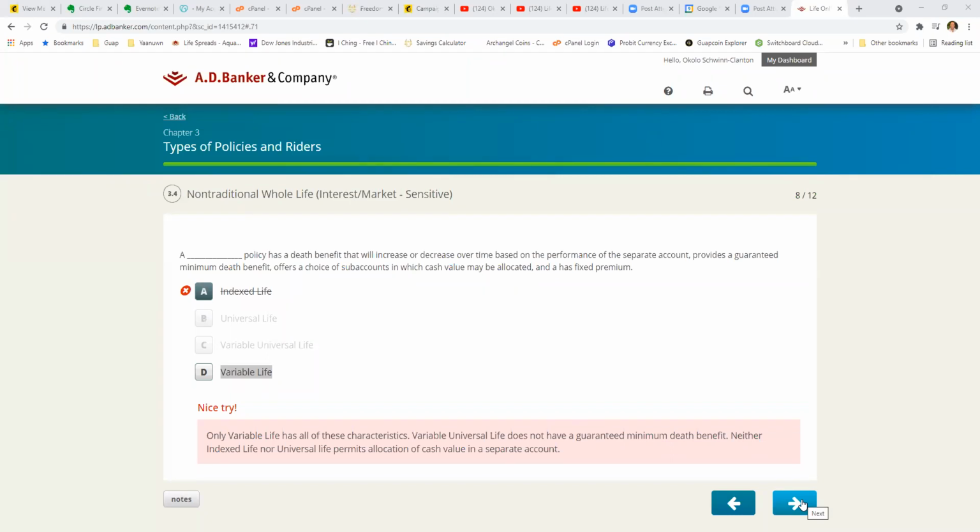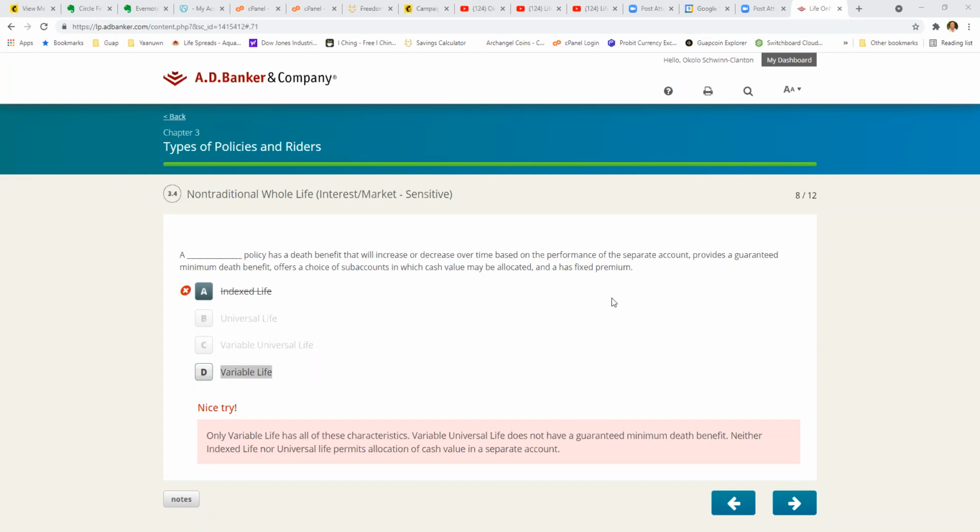But anyways, a rule of thumb that someone told me is that variable always has something to do with fluctuation of the stock market. Like, right, exactly. And so now we understand that when they start talking about a separate account, what they're talking about is a separate account from their company, which is an account run by somebody else, which would mean it's a mutual fund or a basket of actual things in the stock market that somebody's running.